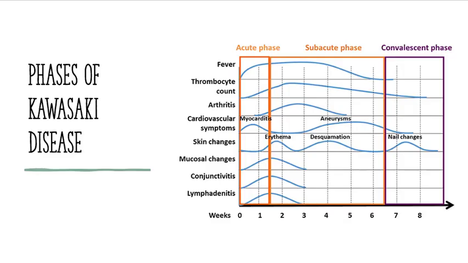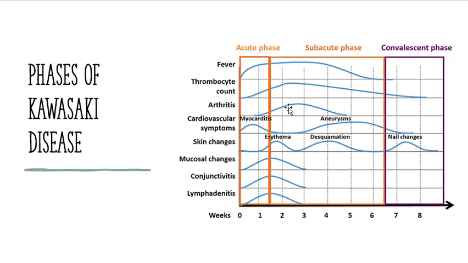So what are these phases of Kawasaki disease? How do you see what they see? So you might see in the beginning, actually, with Kawasaki disease, the fever lasts for a very long time. It lasts in the acute phase, in the subacute phase. And you start to get the thrombocyte count going up, and that's why in the treatment you might see aspirin is used.